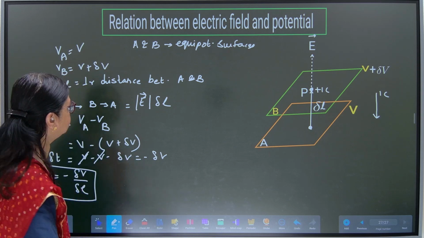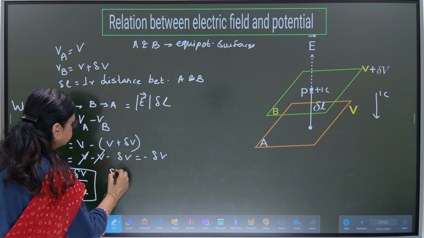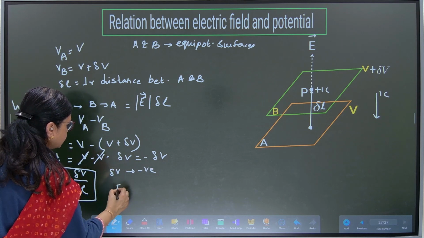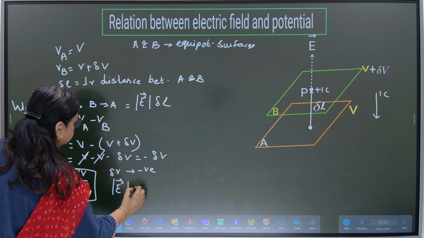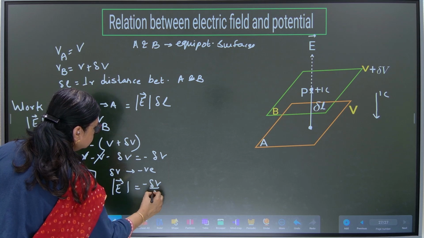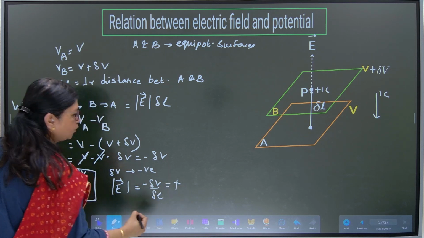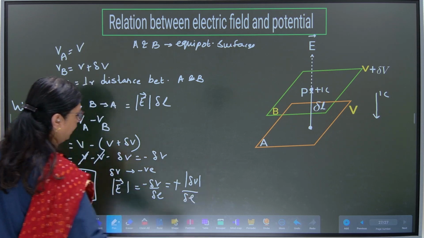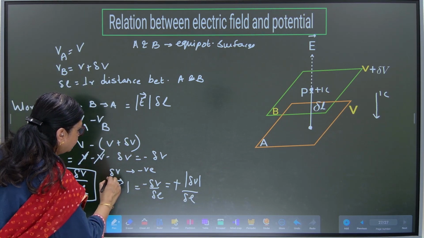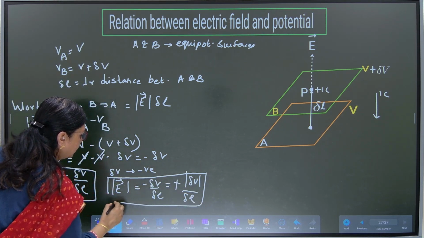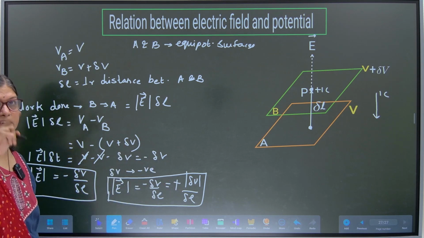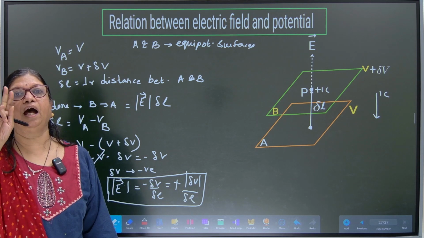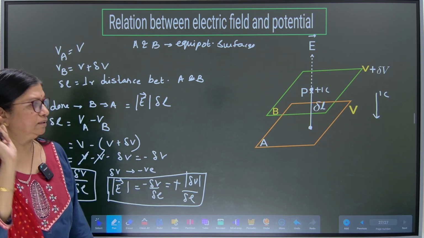Clear? Now since delta V is negative, I can also write it as plus modulus delta V upon delta L. Now from this equation, I can conclude 2 points.